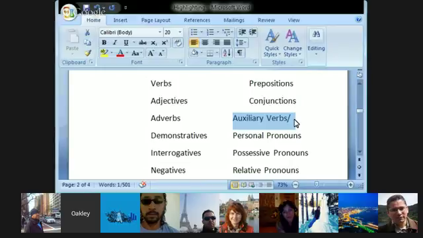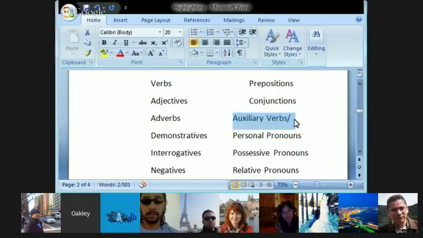Auxiliary verbs are the helper verbs that create a verb tense. You want to create a perfect tense: he has been there, has been. He's been there. We even fold them into pronouns to create a contraction, he's instead of he has.